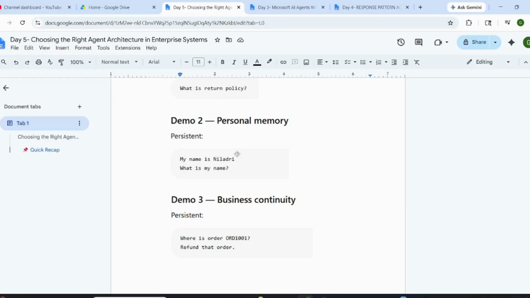Response pattern has its own way of doing things, but if you don't use the thread, you forget, or maybe you are not leveraging that. Even though using the AI persistent SDK, ultimately it cannot remember, because without thread, how can it remember, right?